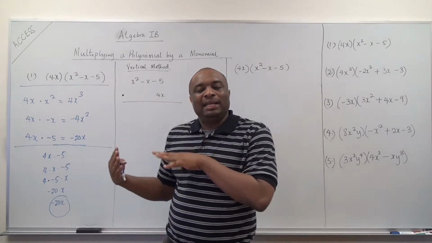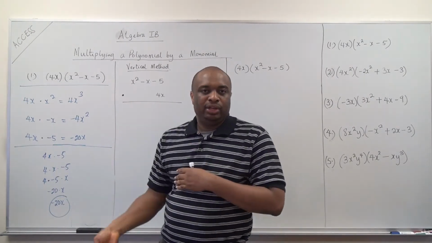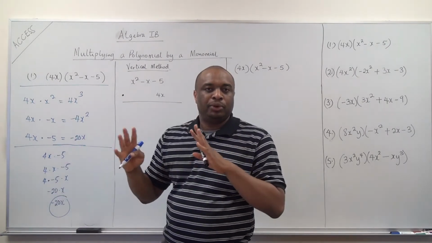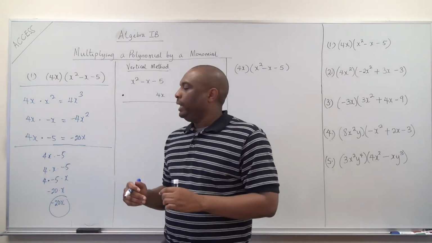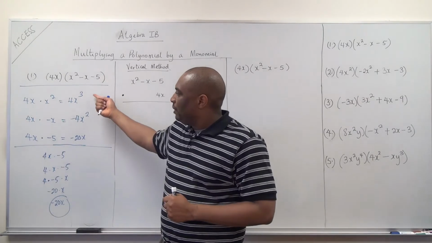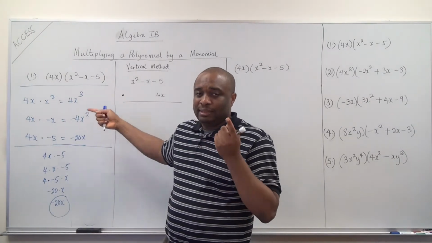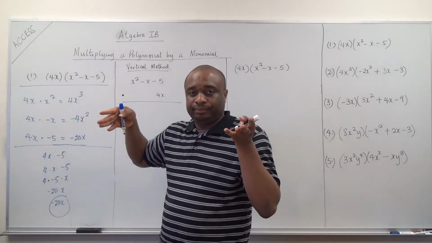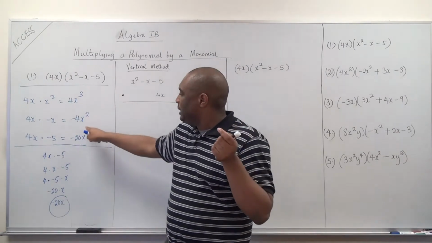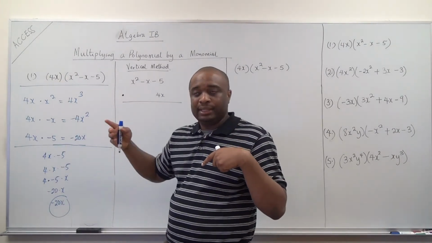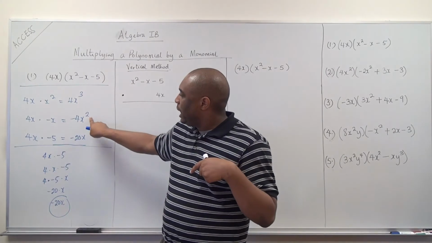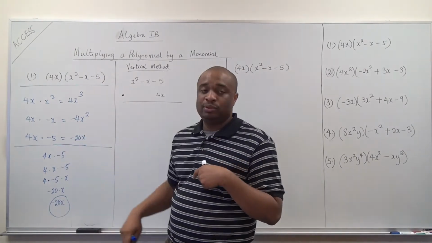If they had the same base and the same exponent, then you would add or subtract as the case may be. But they have the same variable, which is x, the same base, but different exponents. The exponent here is 3, the exponent here is 2, the exponent here is 1.